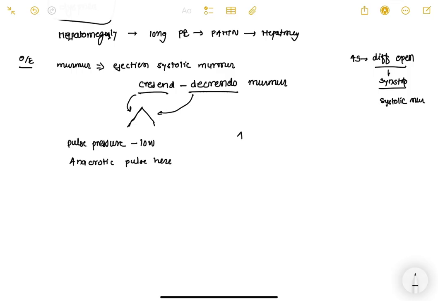What happened to the apex beat? It is heaving in nature. Why heaving? Because there is left ventricular hypertrophy. It is always displaced to the left side.